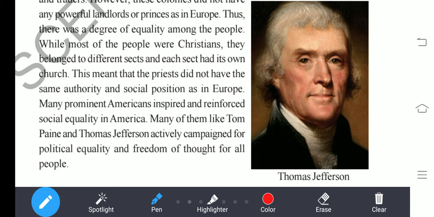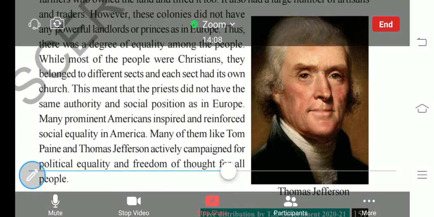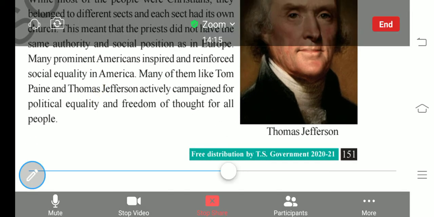Whereas in the 13 states of America, Thomas Jefferson actively participated and led a campaign for political equality. That means all the people should be given equality in politics, and there should be freedom for all the people to think, to think about what is correct, what is right.